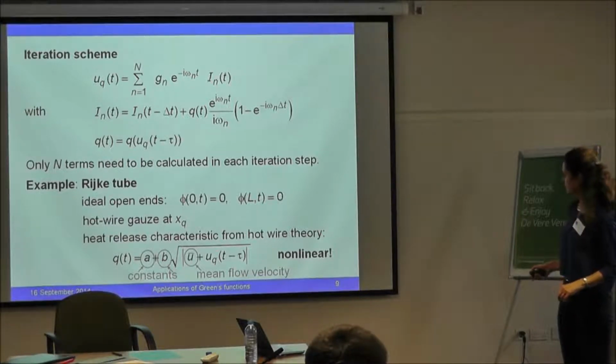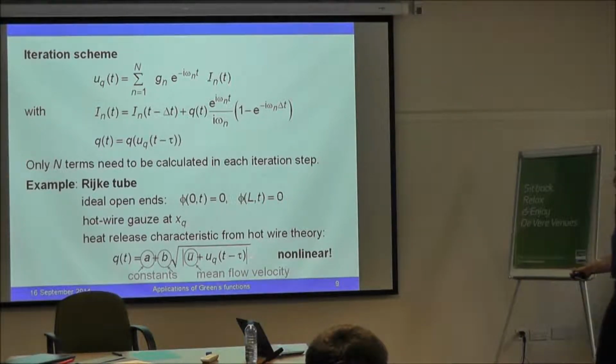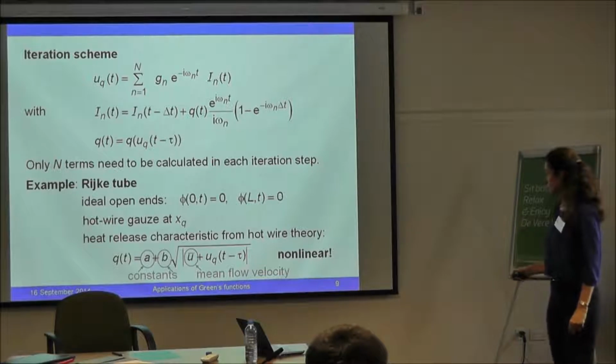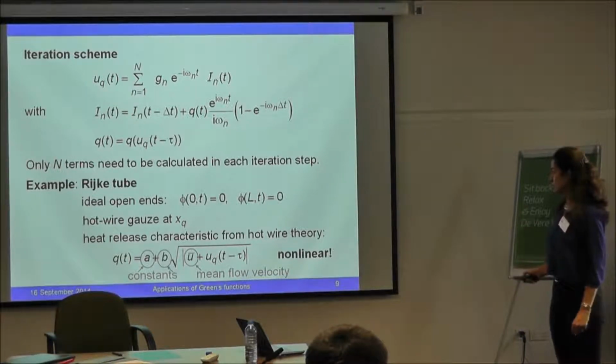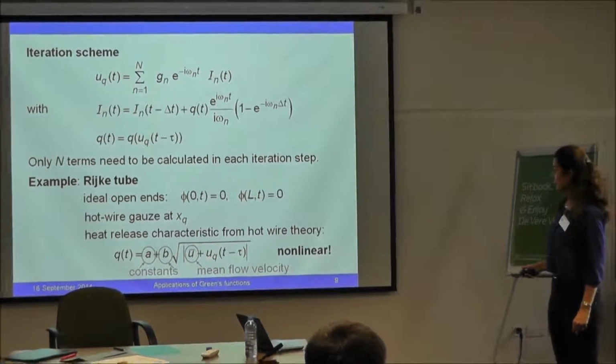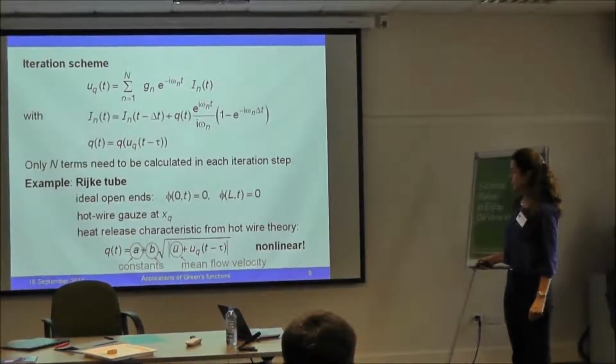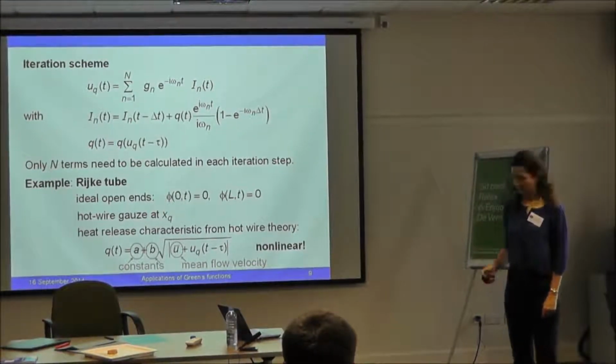A and B are just constants, and under that square root term we have the magnitude of the total velocity. The u bar is the mean flow velocity, and the u_q is the oscillating part of the velocity at the heat source at time lag. So you can see this is definitely nonlinear, and you should expect to see nonlinear effects kicking in when the acoustic velocity becomes close to the mean velocity.